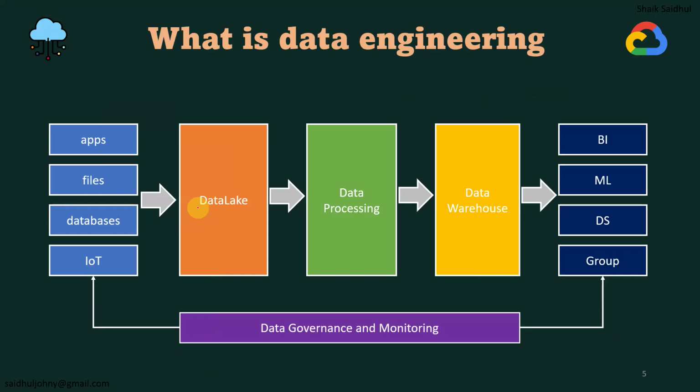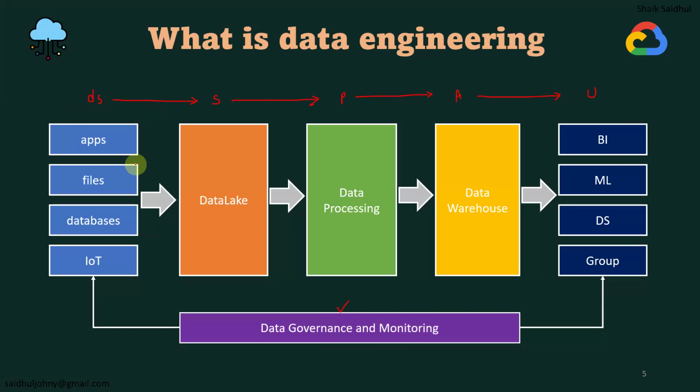This entire chart talks about data engineering. You see, you have multiple data sources. You are extracting the data from these multiple data sources, storing the data, processing the data, analyzing the data, and utilizing the data here, and also taking care of data governance and monitoring. Why is the monitoring required?